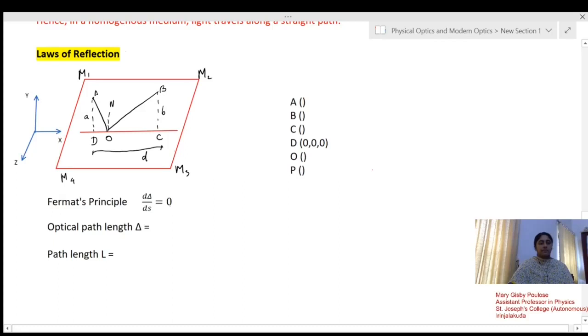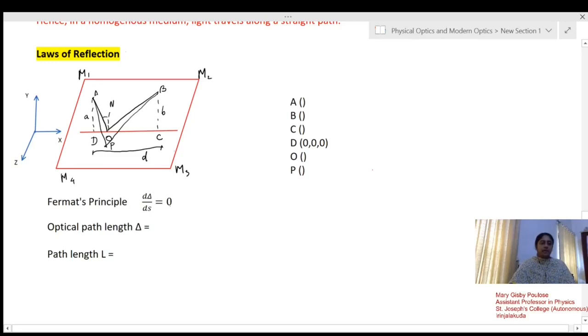Okay. So I'm also defining another point. Let this point be P. Light need not reflect upon this path AOB. It can also reflect upon APB, right? So it can choose any path. For generalization, let us select the path APB.